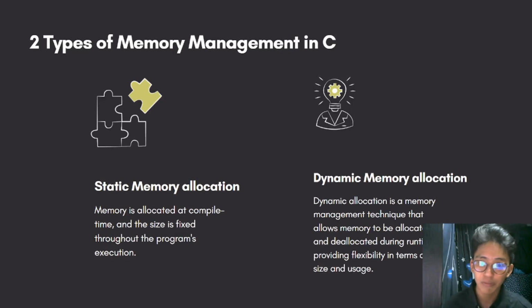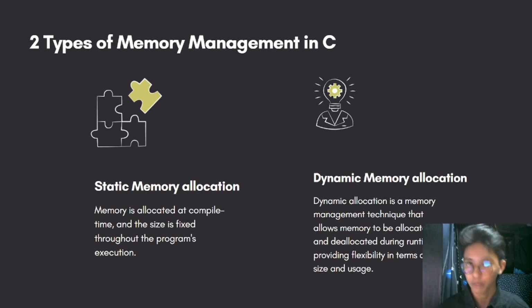In static memory allocation, memory is allocated at compile time, and the size is fixed throughout the program's execution. Meaning once we set up the variable and run the program, it will no longer be able to change.